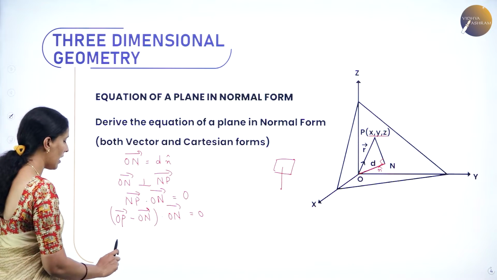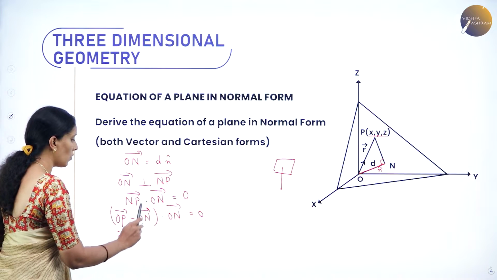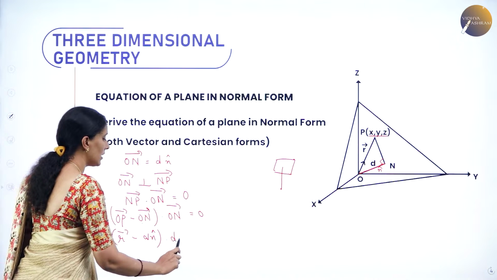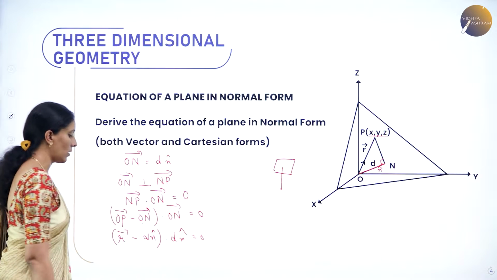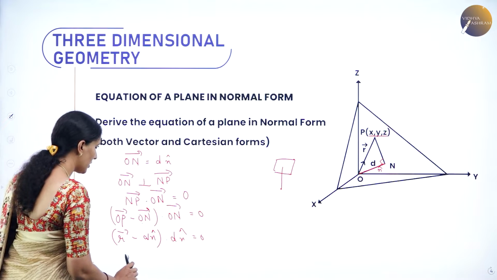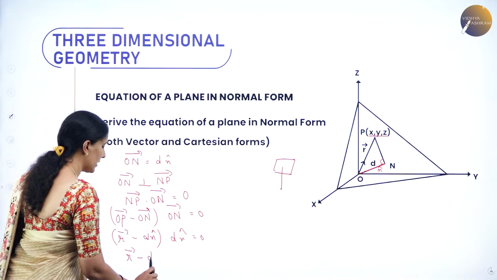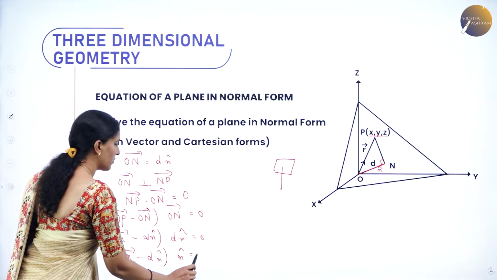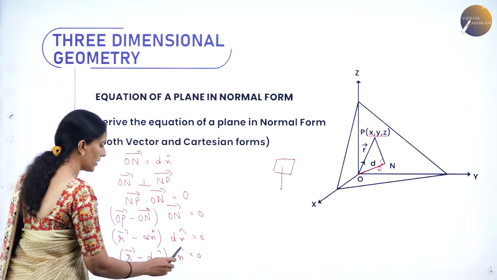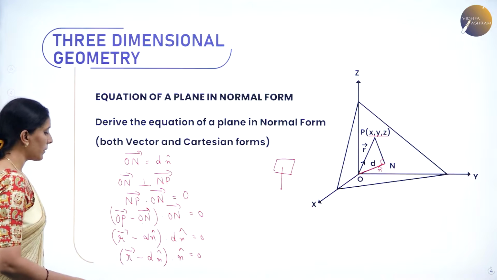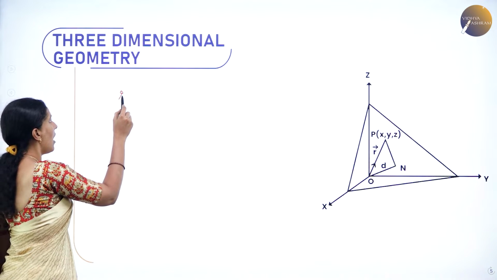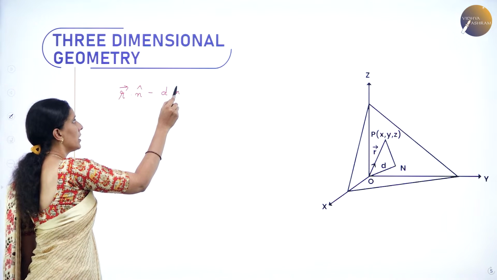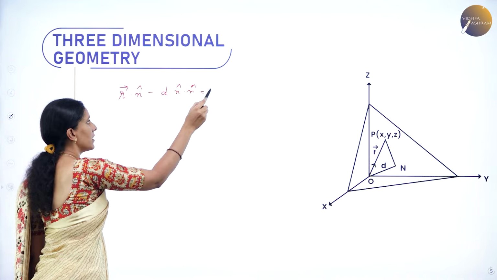It's the position vector R. So vector R minus ON, which I have taken as D n cap, dot D n cap is equal to 0. Next I'll write vector R minus D n cap, dot n cap is equal to 0. Since the distance can't be equal to 0, I can equate this. Now multiply the dot product. We have R dot n cap minus D times n cap dot n cap is equal to 0.